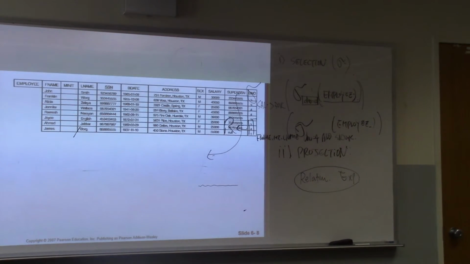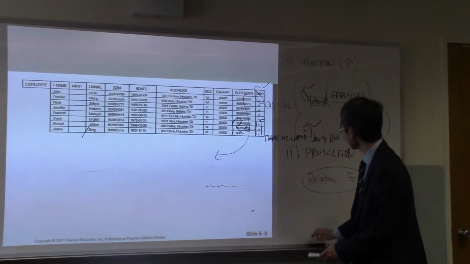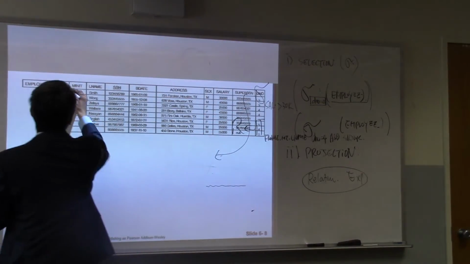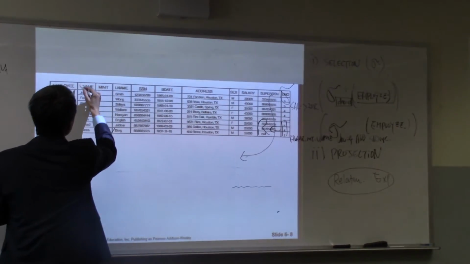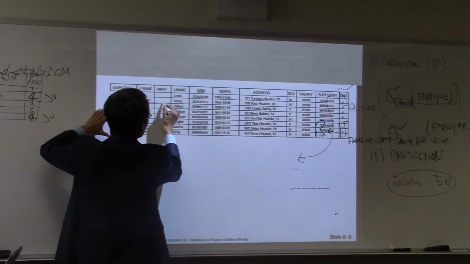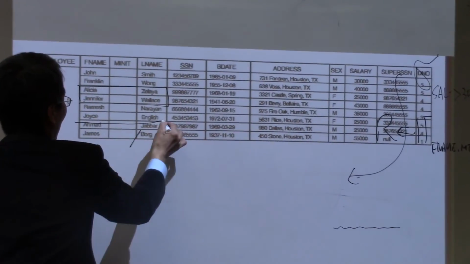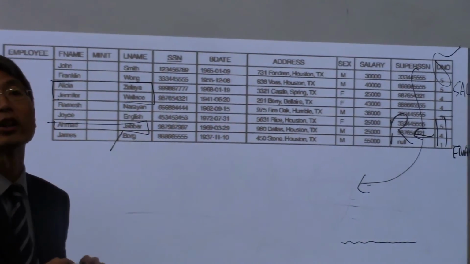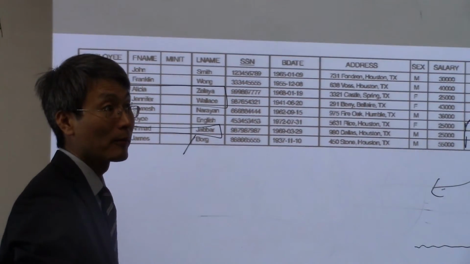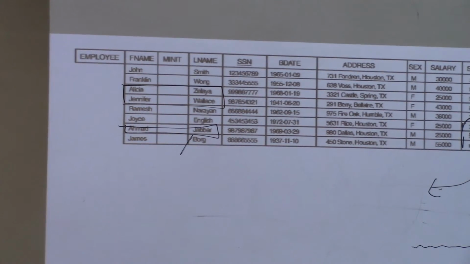So, for example, if we apply the relational expression, first name and last name will be selected, and DNO is 4. So this data will be returned. This is also a relation. Oh yes, salary.